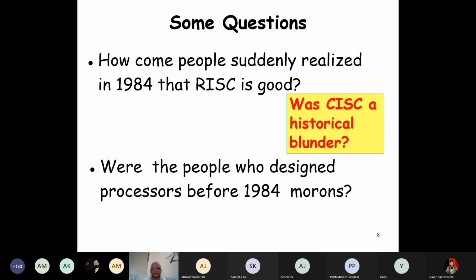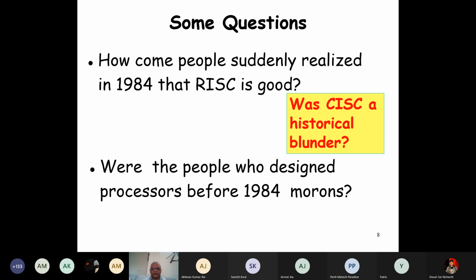But how come they suddenly became wise and said don't use too many instructions? Were the people who designed the CISC processors idiots? They didn't know they were doing something wrong.